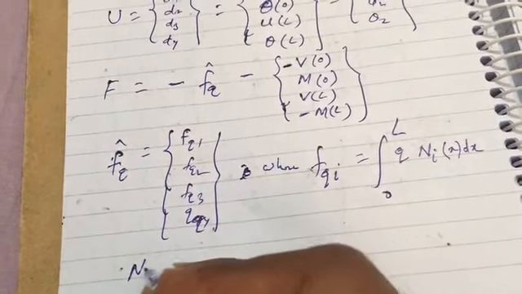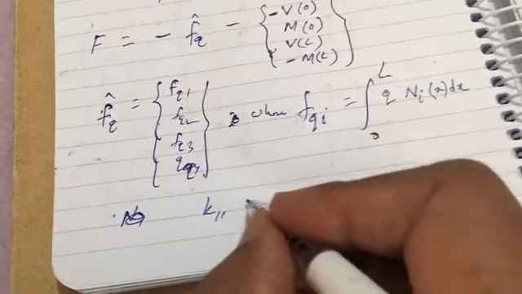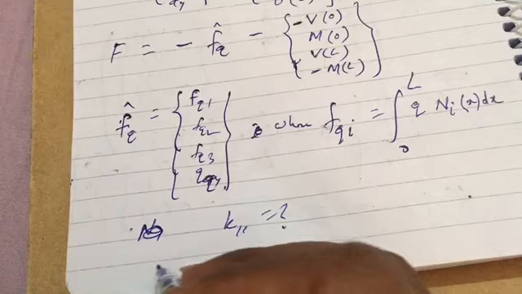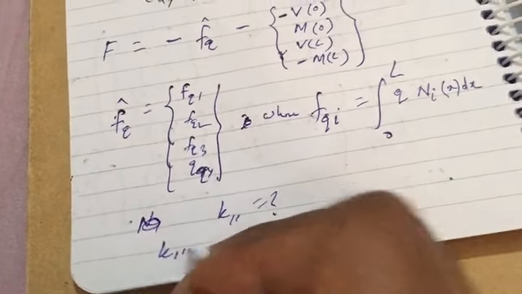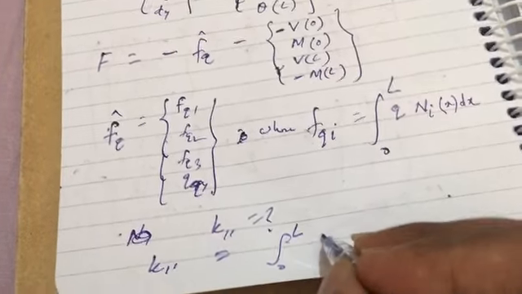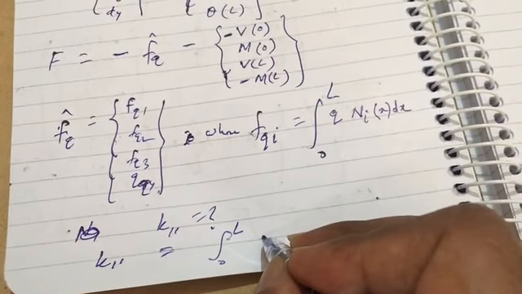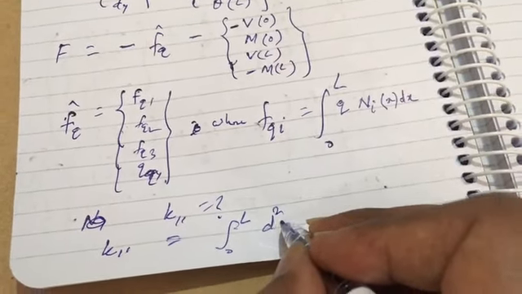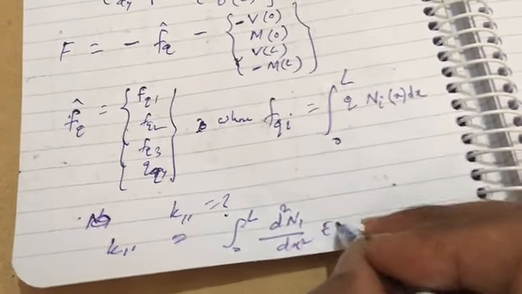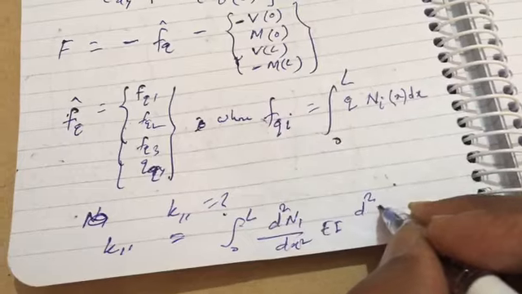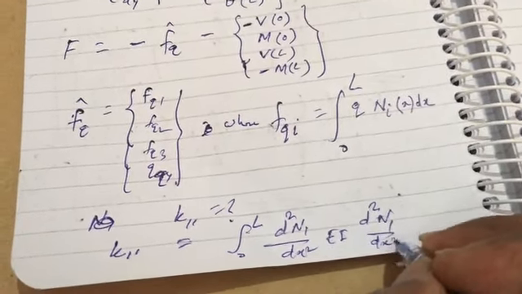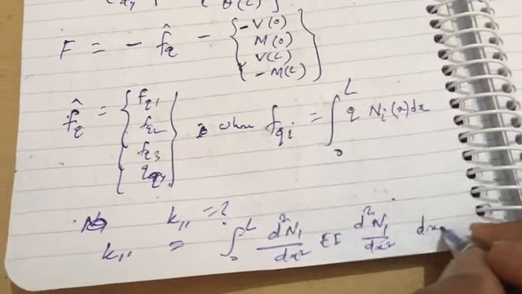So k11 becomes equal to the integral from 0 to L of d square n1 over dx square, EI, d square n1 over dx square, dx.